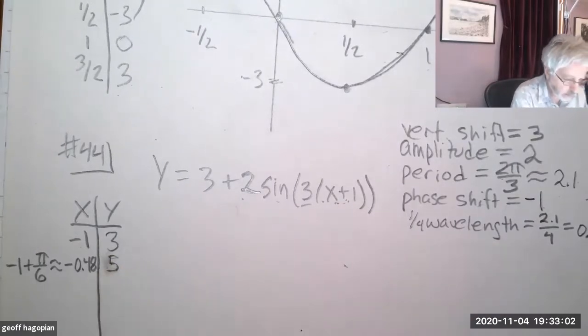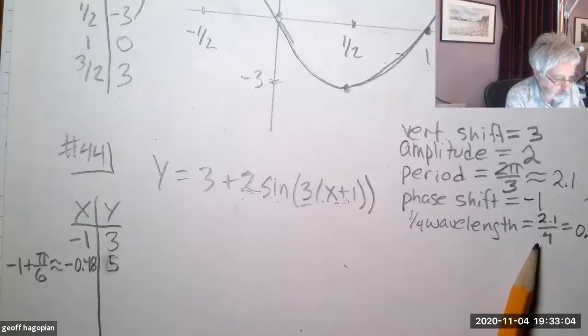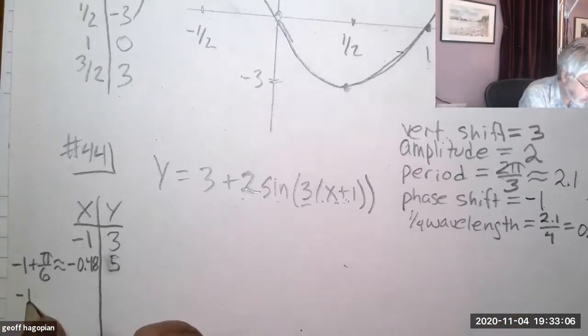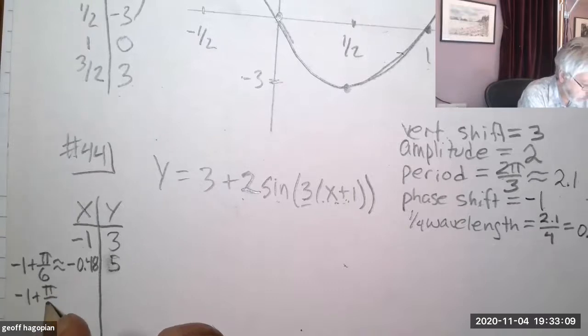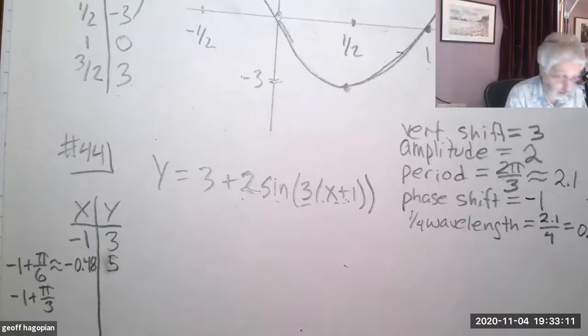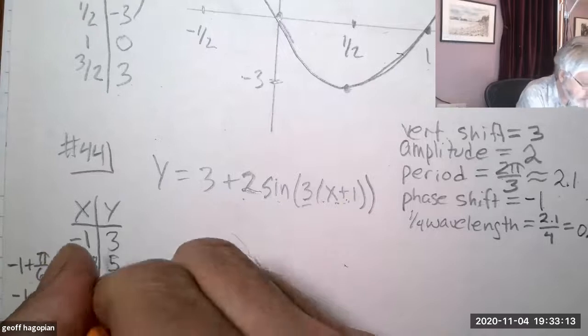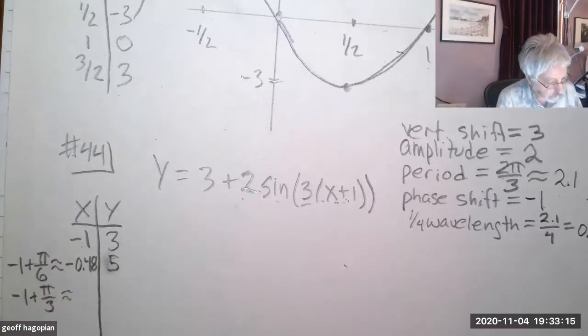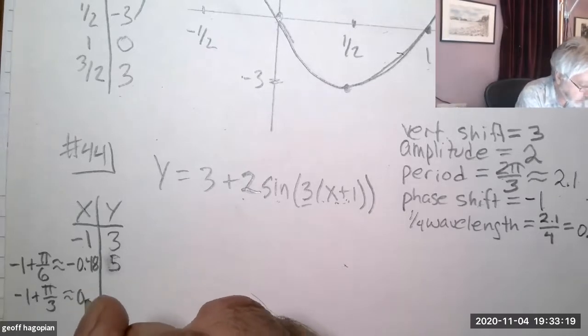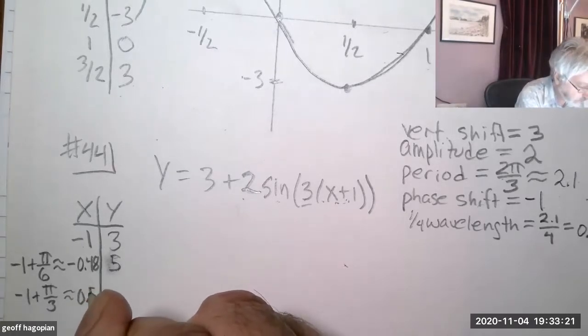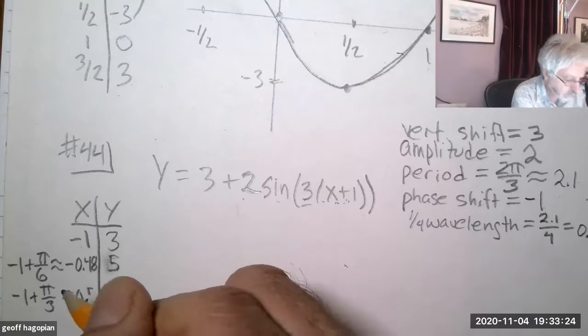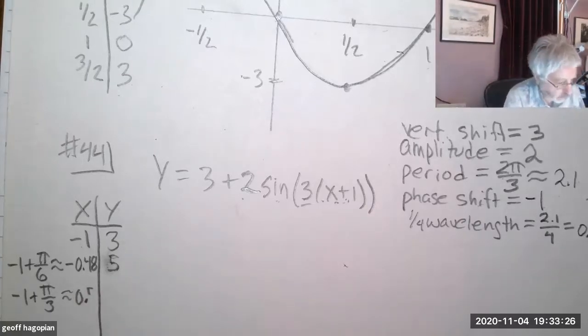All right, and then 2 quarter wavelengths is going to be pi over 3. So -1 plus pi over 3. We said pi over 3 is about 1.05. So this is going to be approximately 0.05. Huh?